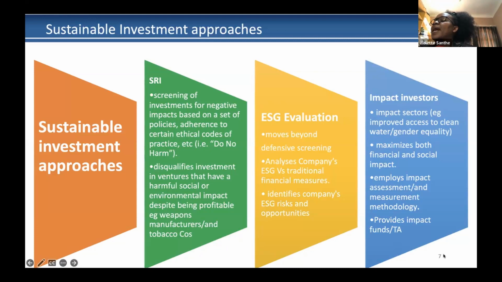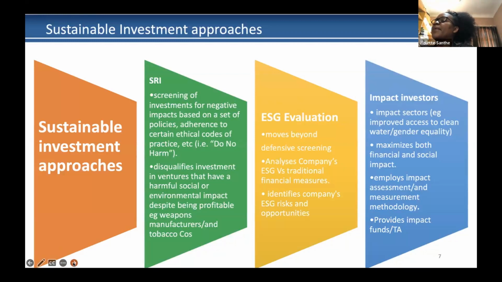The other thing SRI does is to disqualify investments in ventures that have harmful social or environmental impact, despite being profitable. For instance, if an organization is involved in weapons manufacturing or tobacco manufacturing, those are actually disqualified as investments which can access impact funds.